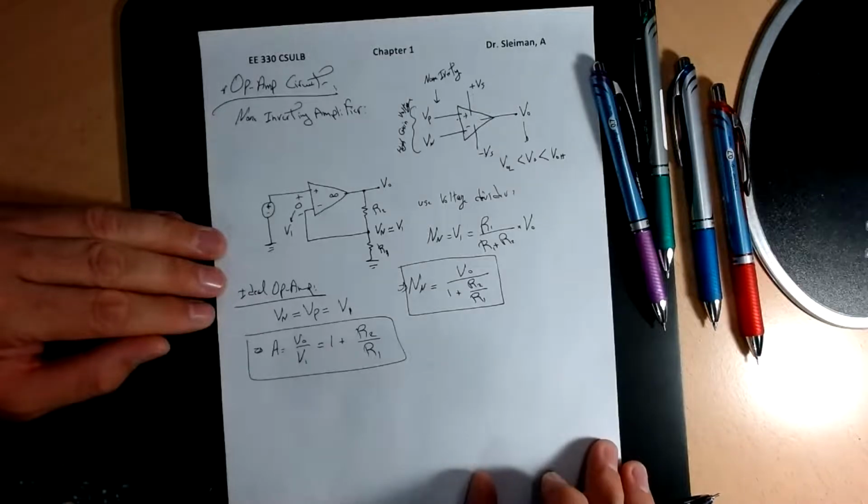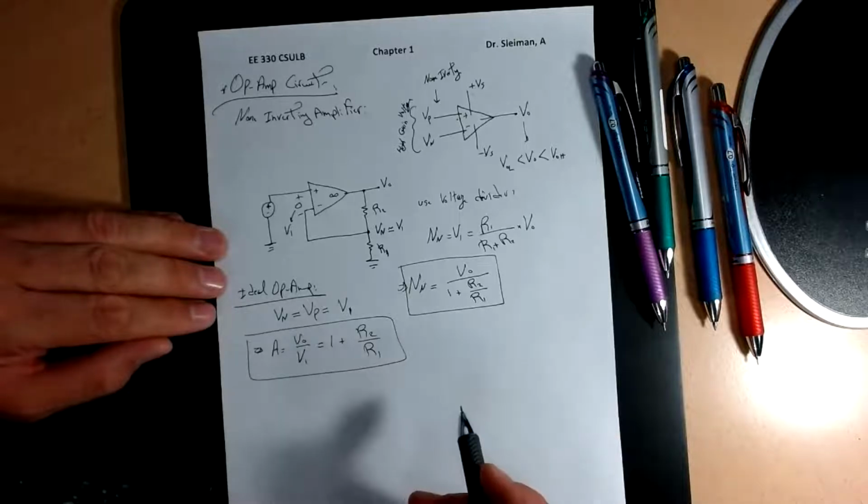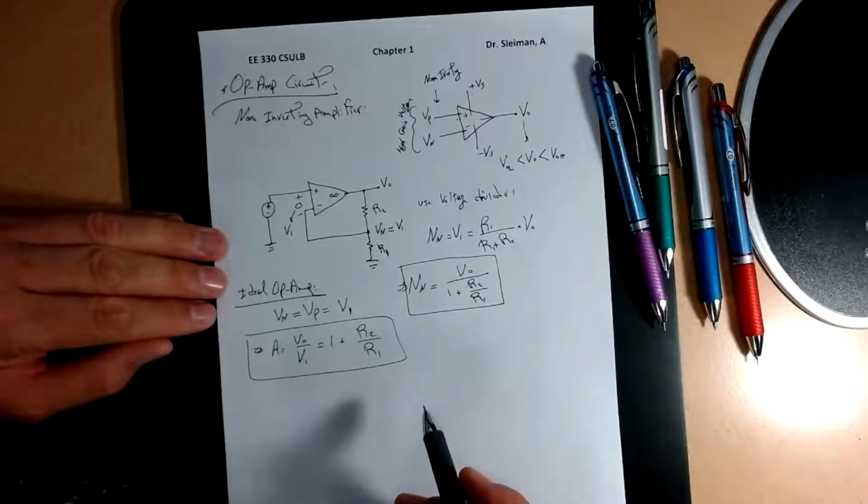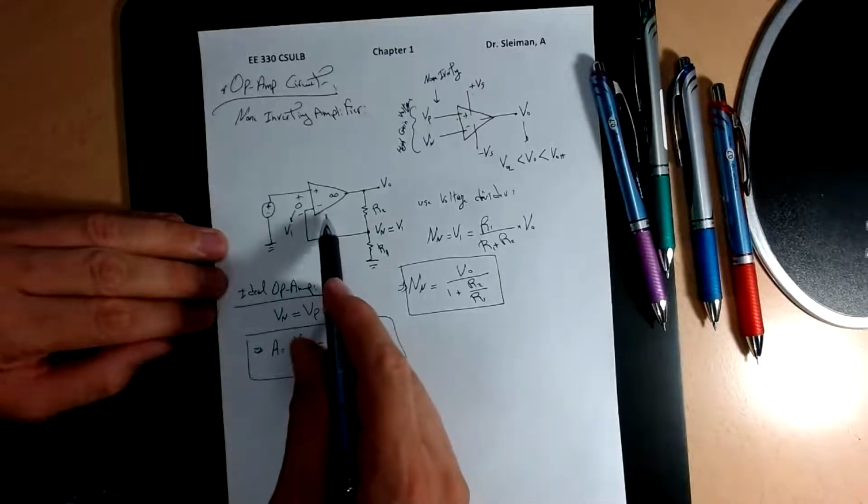So just to put things into perspective, applications for diodes and for transistors can be expanded significantly if we put these devices with the operational amplifier.